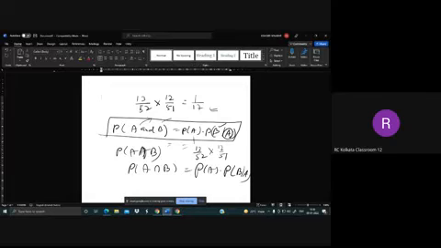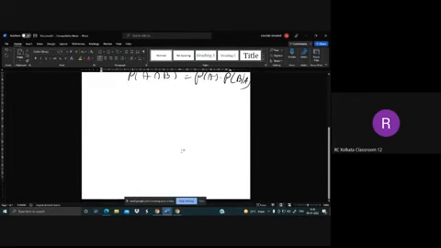Simple. Okay, now let me give you some tricky questions. Suppose in your family you have 6 children, assuming the probability of having a male child to be 1 by 2. Find the probability that all the children will be of the same sex.